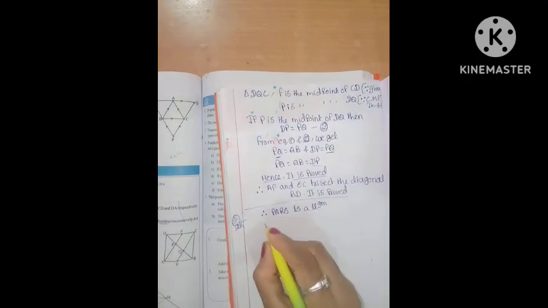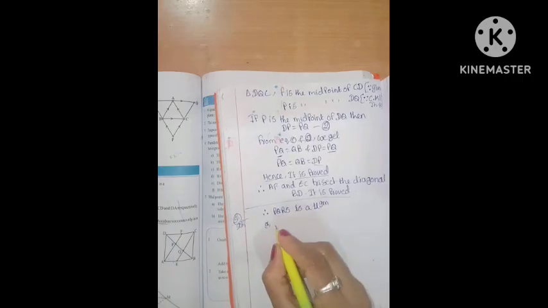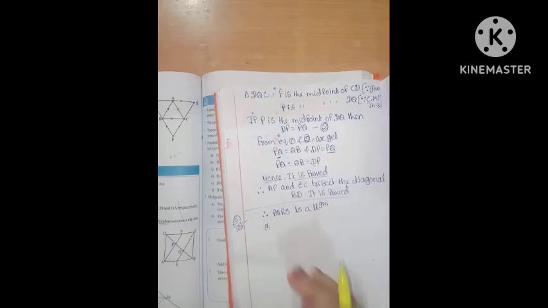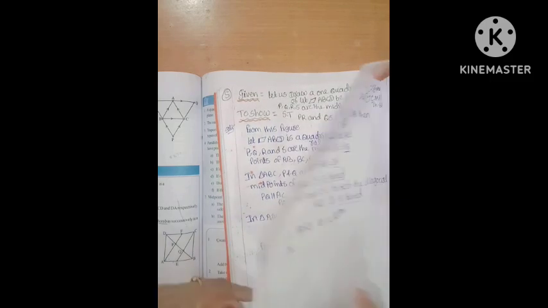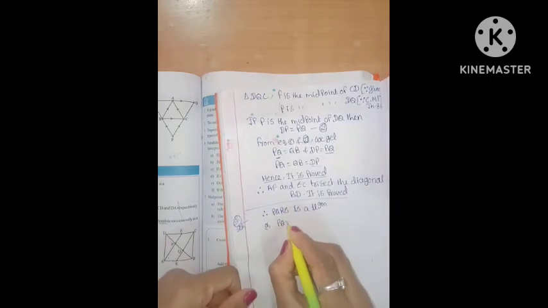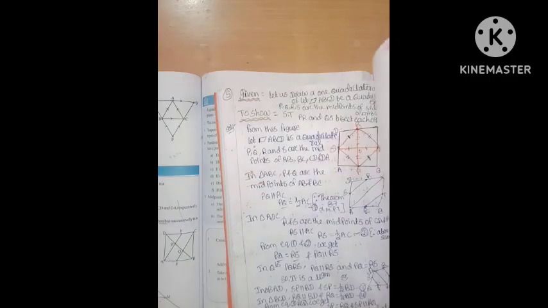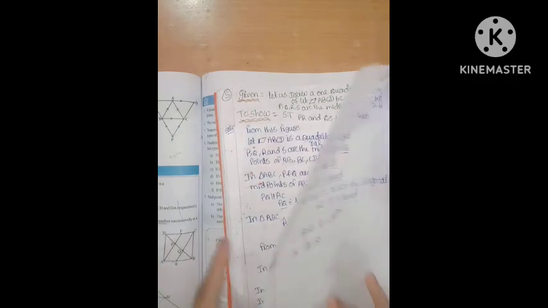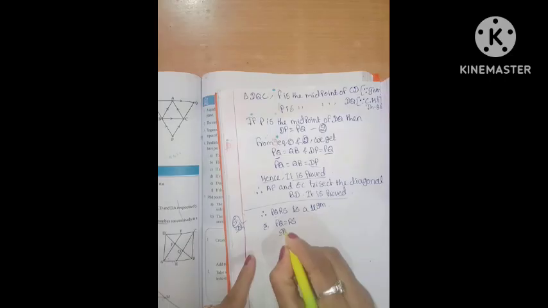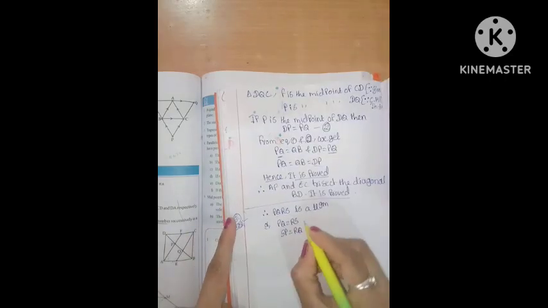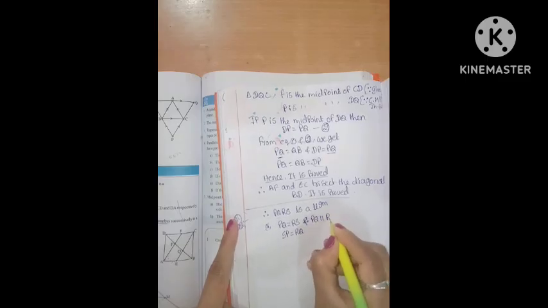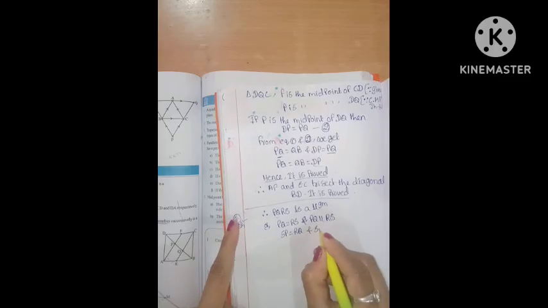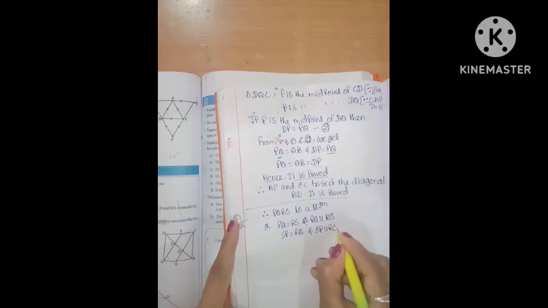Otherwise, one more step we can write directly. In quadrilateral PQRS, PQ is equal to RS and SP is equal to RQ, and parallel also. PQ is parallel to RS and SP is parallel to RQ.